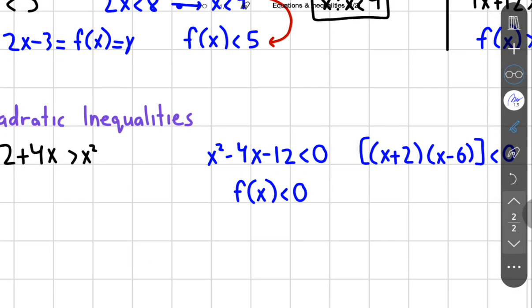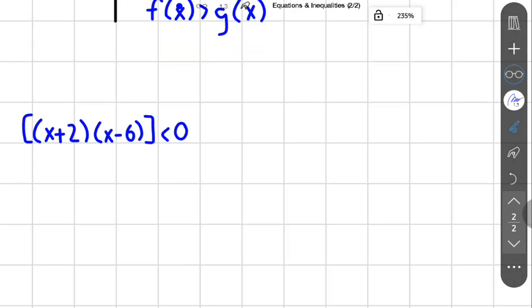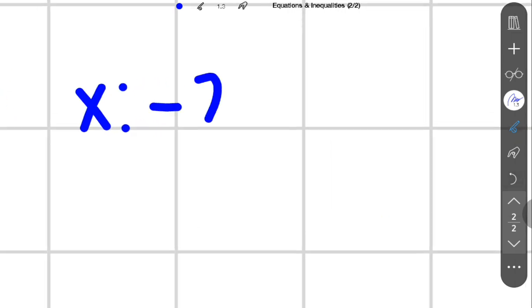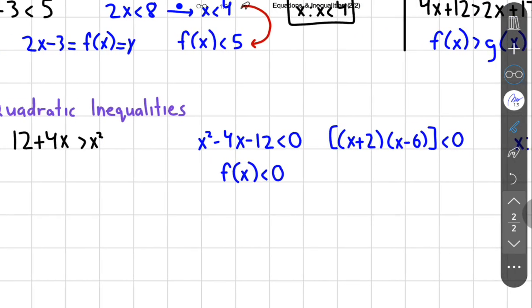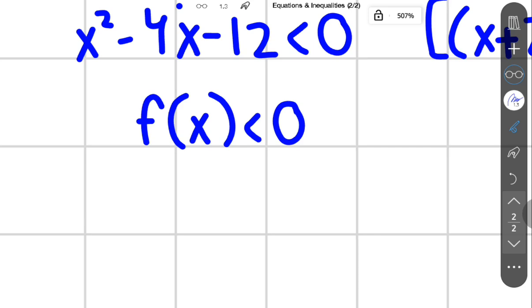So if we were to now write this inequality, after we drew the graph, this will basically mean x, for it to correspond to y values less than 0 within its function, has to be between negative 2 and 6. The most important thing is that you just draw the new function that you have, and you get to judge from there which of the x values will correspond to y values being less than 0.